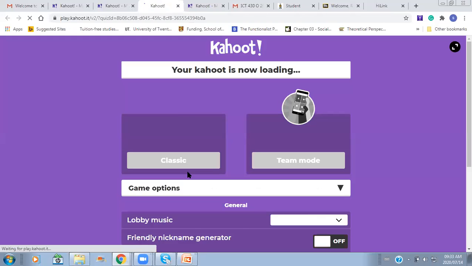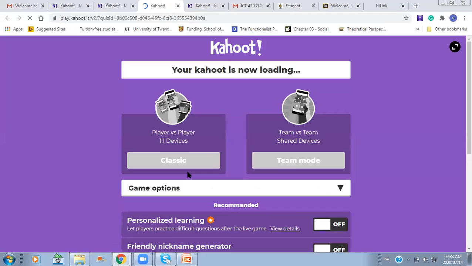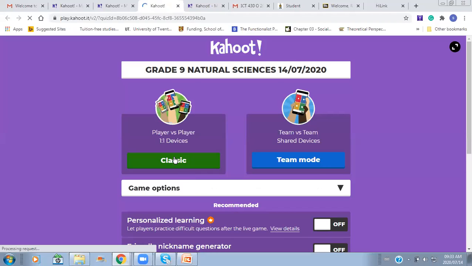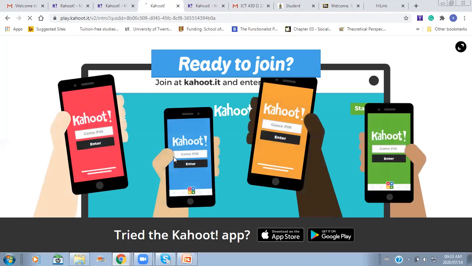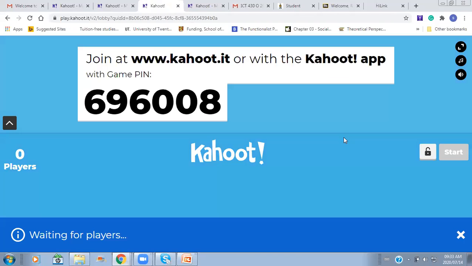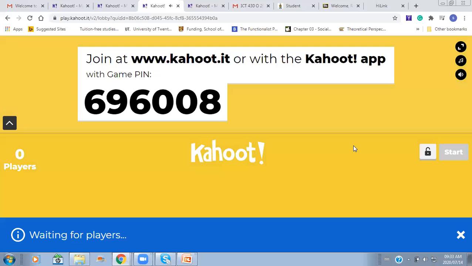This is what we're doing now. So you have to re-log in again. Re-log in again, guys. Sorry about that. The game we were playing was for yesterday. This is what we're supposed to do today.